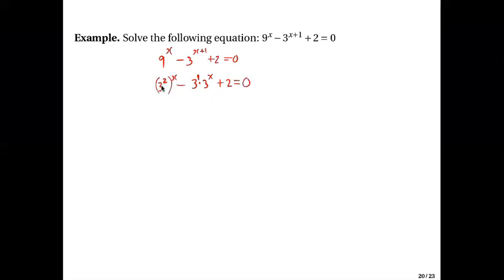And then remember, you have 3 squared to the power x. You can interchange them, so that you can rewrite this as 3 to the x quantity squared minus 3 times 3 to the x plus 2 equals 0. Is it much simpler?